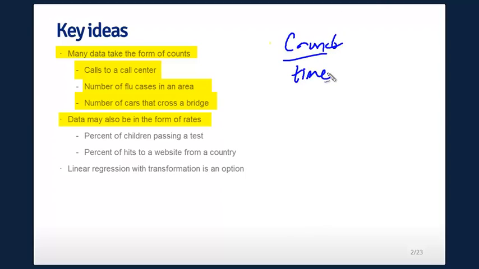So for example, the classic variable that follows the Poisson model is radioactive decay. So this is counts of radiation detection hits on a detector. That count is, of course, dependent on how long you're running the detector, right?